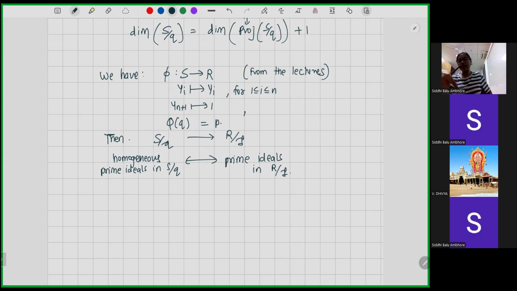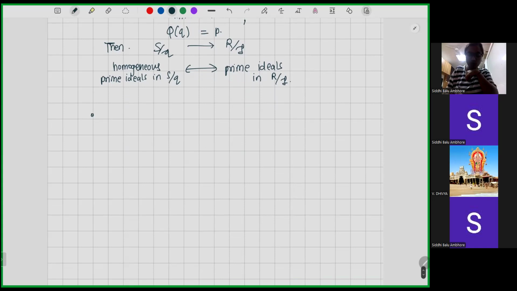Then I have this S mod Q to R mod Q, and the prime ideals in R mod Q are in one-to-one correspondence with the homogeneous prime ideals in S mod Q. Okay, and in the lecture we also have, after defining this map, that Spec of R is in one-to-one correspondence with the D_+(y_{n+1}), if you remember properly, and this is open in Proj of S. I think this is in lecture 52 or 53.